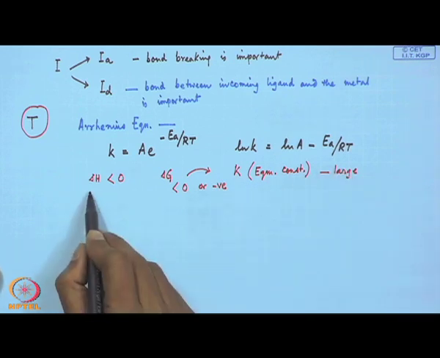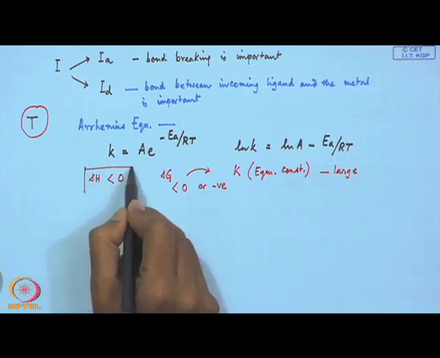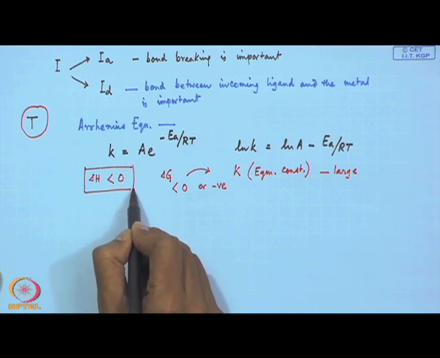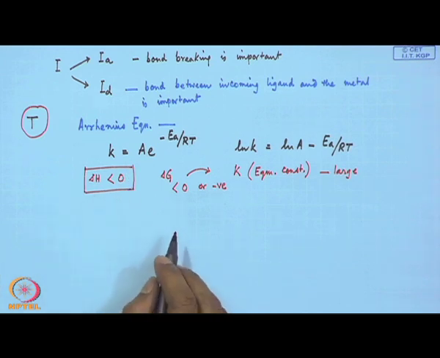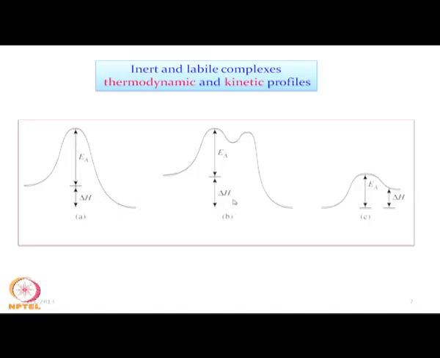So, whenever delta H is less than 0, our delta G is also less than 0 and we have a large equilibrium constant. In these first two cases, where delta H is small, we have a large equilibrium constant, that means thermodynamic stability. So these two cases are stable metal complexes.